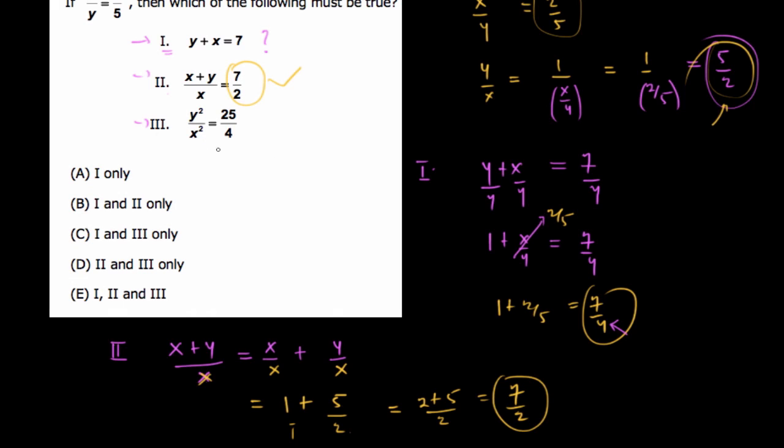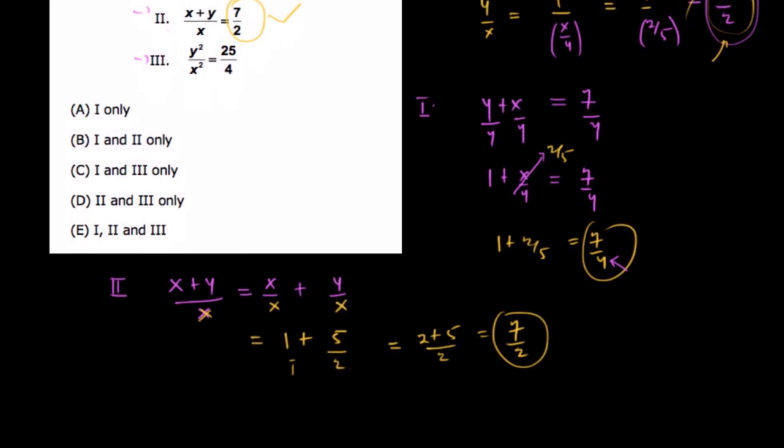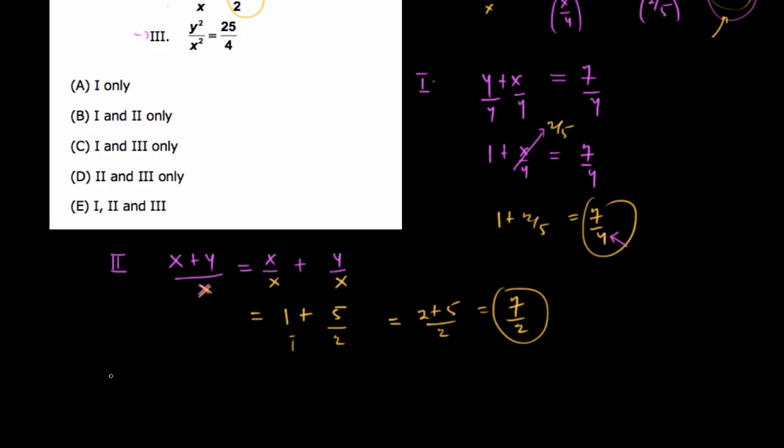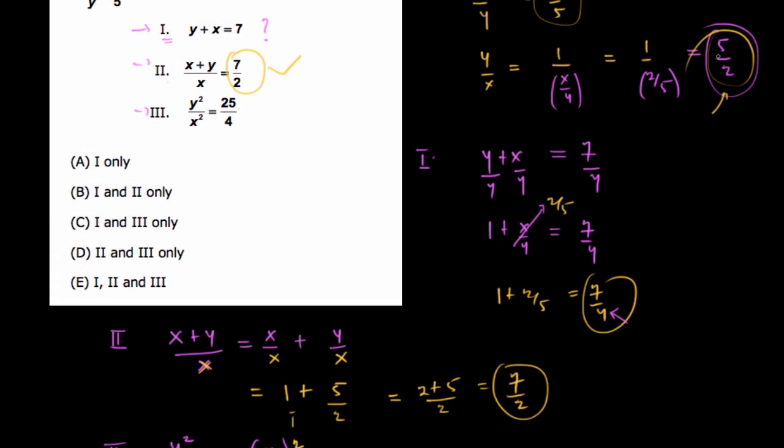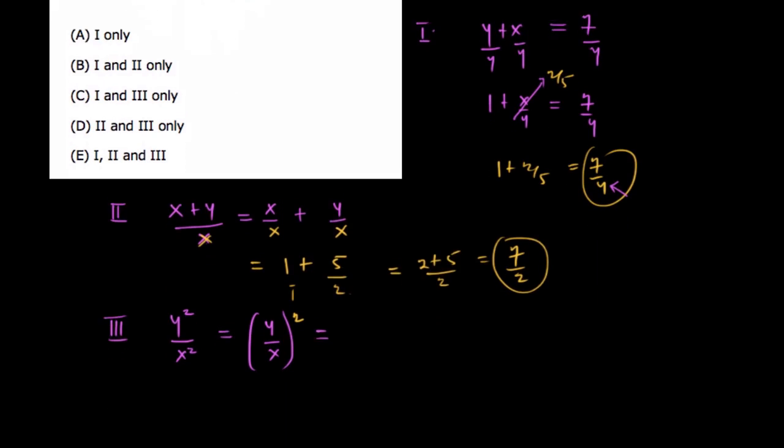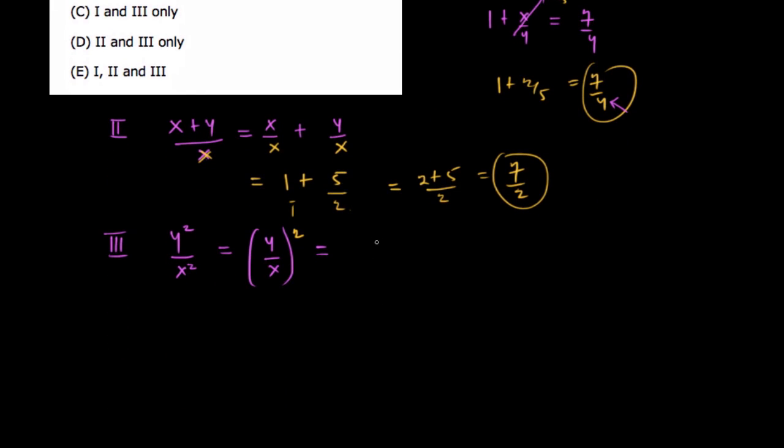The other thing we want to check is the third one, y squared over x squared. y squared divided by x squared is the same thing as y divided by x, all raised to the power 2.